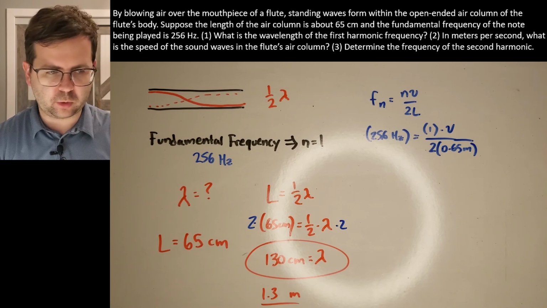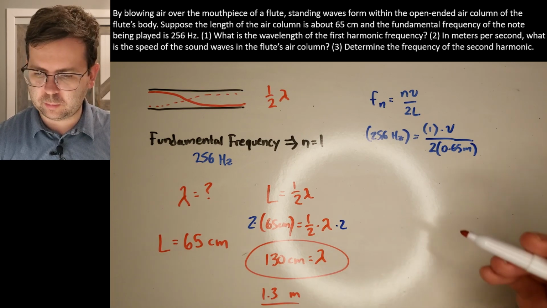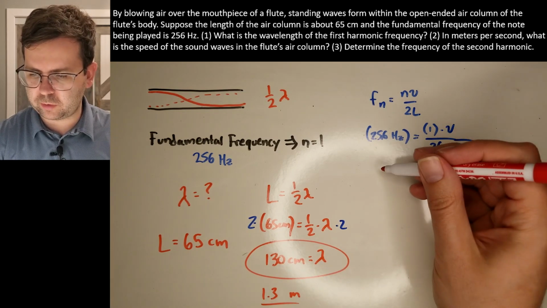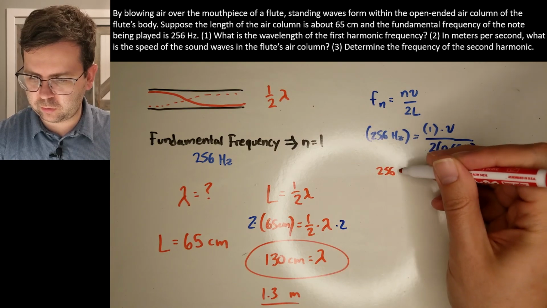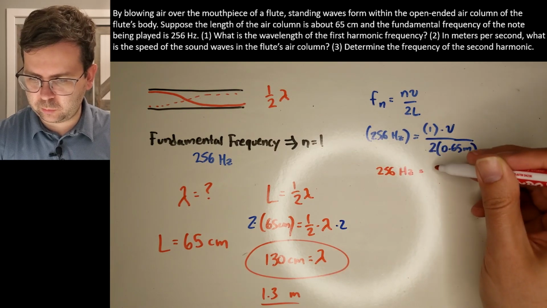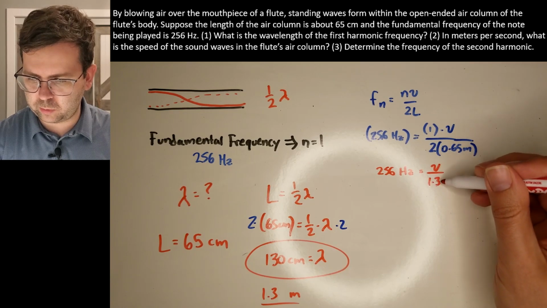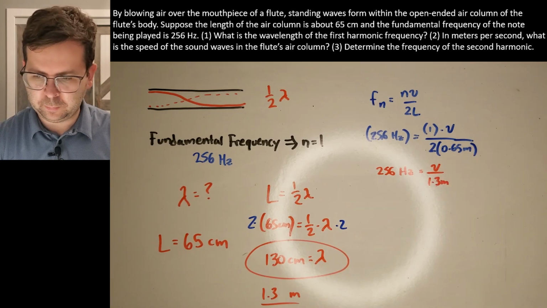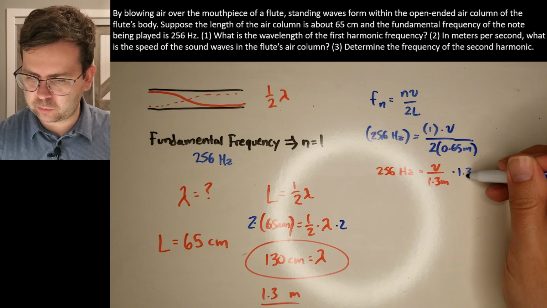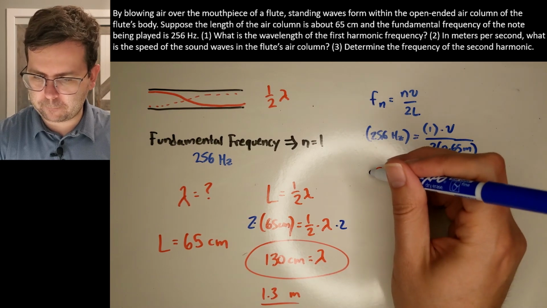Now to solve for all of this, we can kind of start simplifying things. So we have 256 hertz over here equals 1 times v, which is just v, and then this is 1.3 meters on this side. So we're going to multiply it by 1.3 meters on each side.